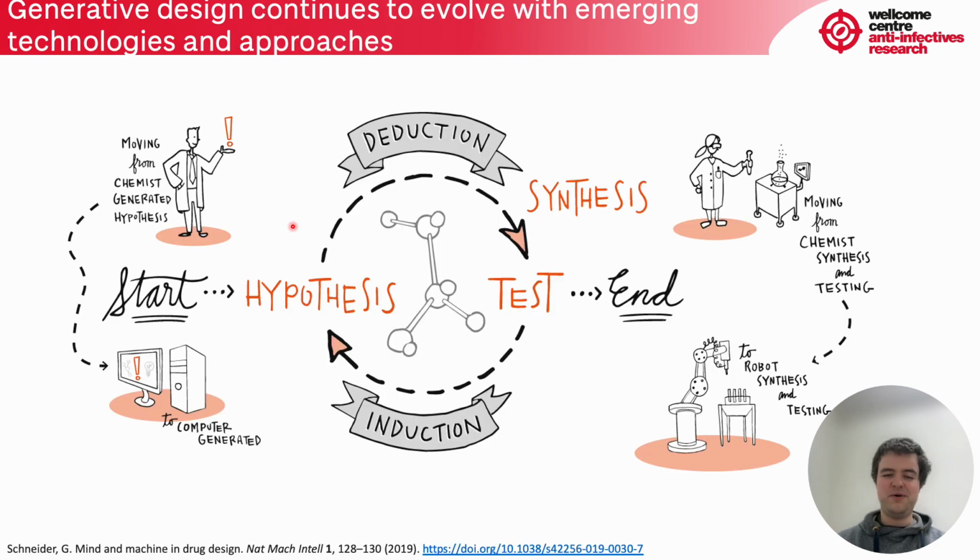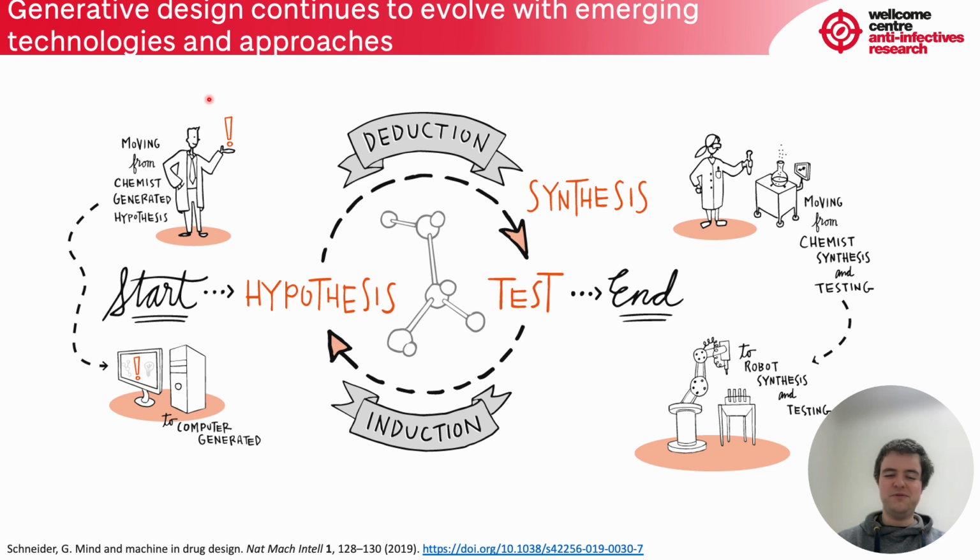So finally, where is generative design moving in the future, at least in my opinion right now? It's about how generative design continues to evolve with new emerging technologies. At the moment, we have scientists in the lab designing new hypotheses, and then we use generative design to build molecules, have those molecules made and tested, and see if we can accept or reject those hypotheses.